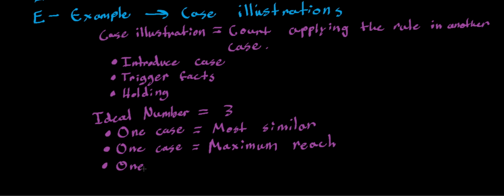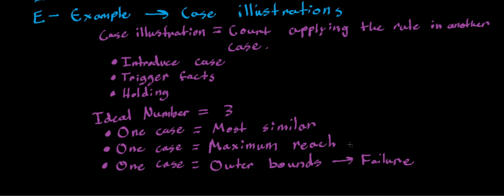And then one case that showcases the outer bounds. And so one case where someone asked the court to reach a little bit further, and then the court said no. And so this third case should showcase a failure of the rule.